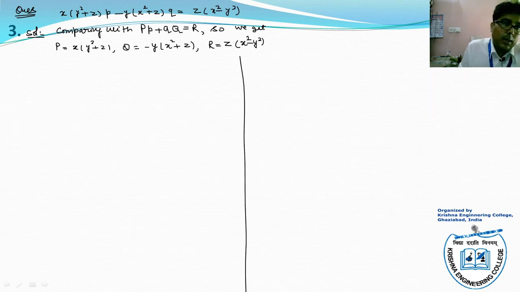Then write the Lagrange's auxiliary equations.